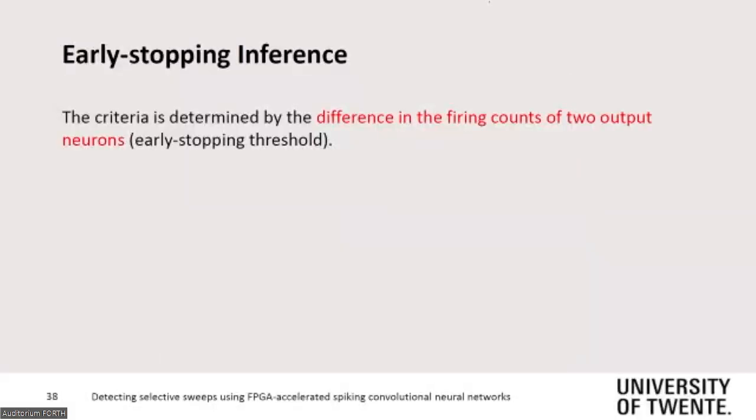As we treat the rows as single time steps, this enables us to do early stop inference. This criterion is determined by the difference in the firing counts of the 2 output neurons.